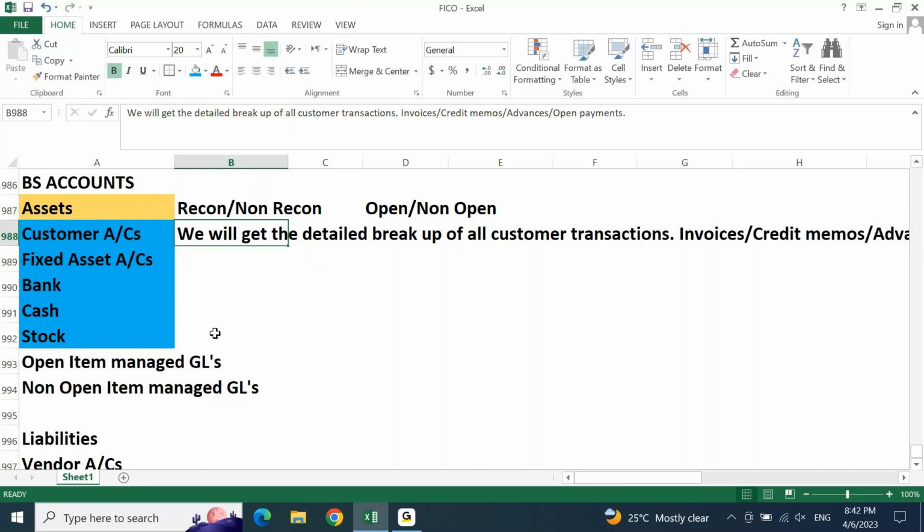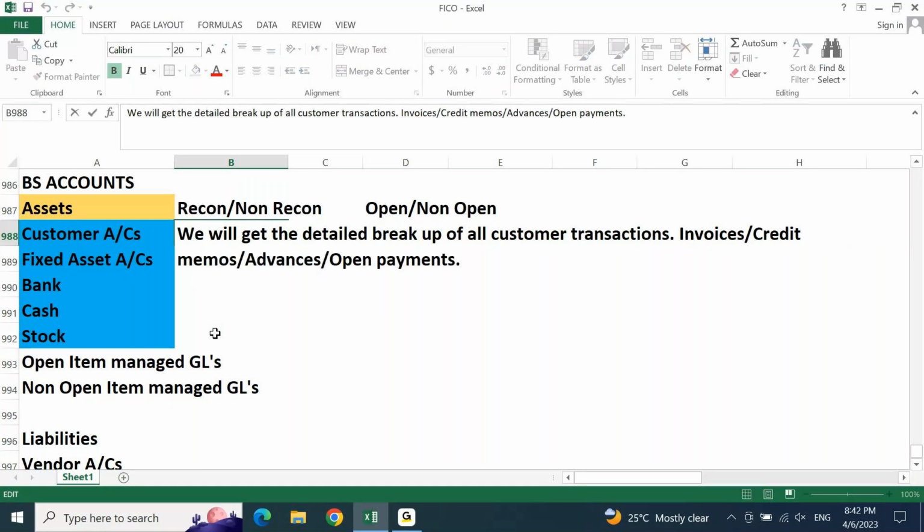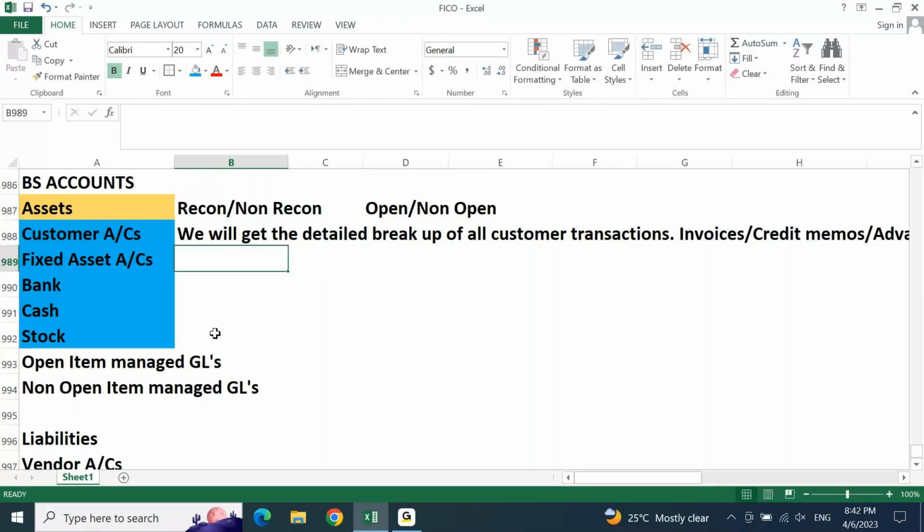What all will you get? You will get open customer invoices, open customer credit memos, open customer advances, and then on account payments in your customer account. Clear?